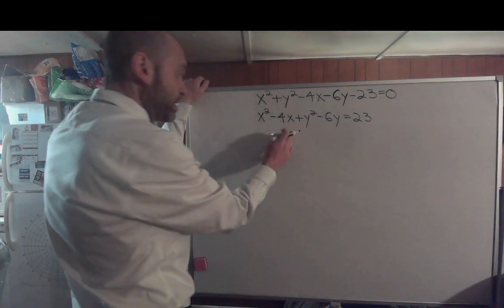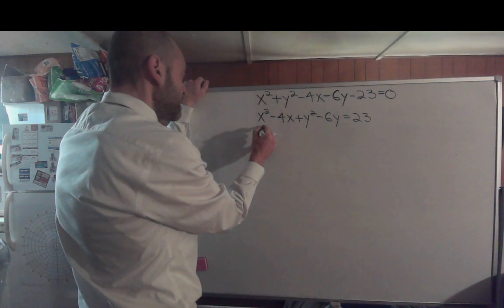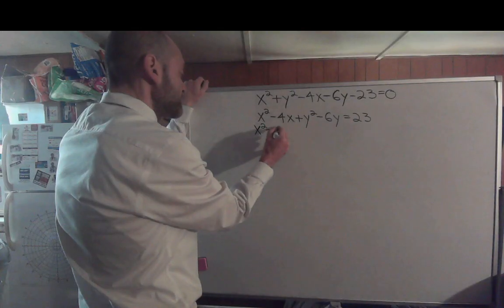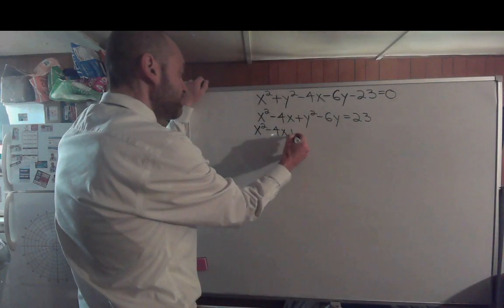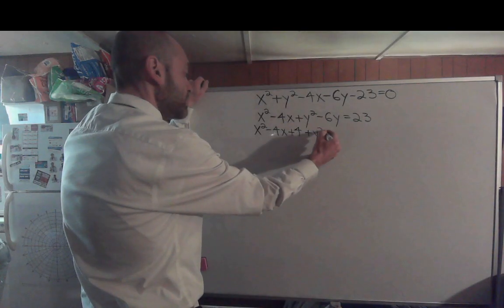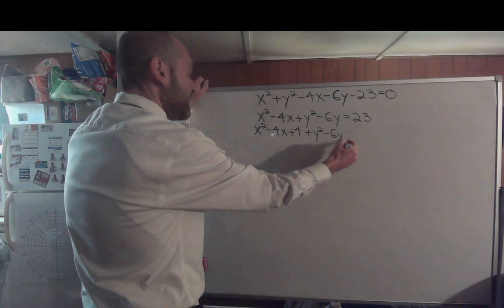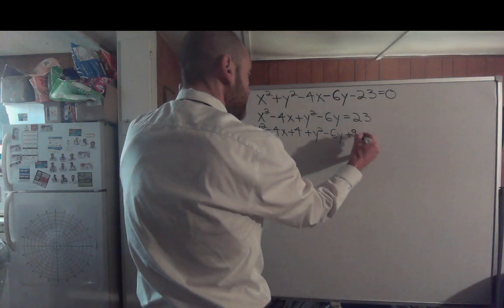Let's complete the square to get this into the form of a circle. So you would have x squared minus 4x, half of negative 4 is negative 2, square that, you get positive 4, plus y squared minus 6y, half of negative 6 is negative 3, square that, you get plus 9.